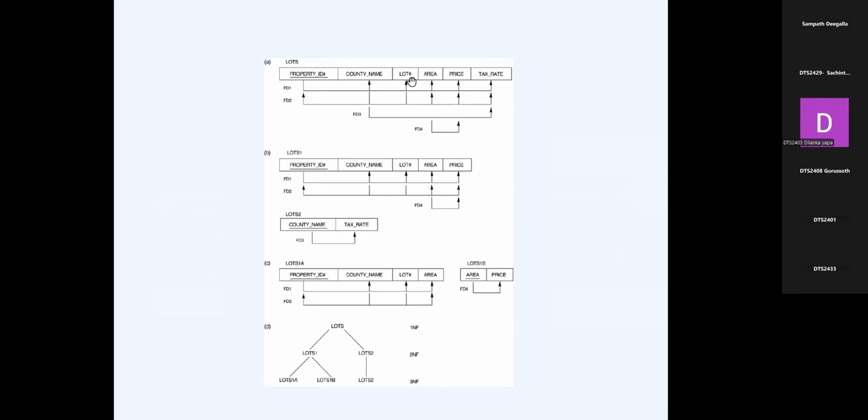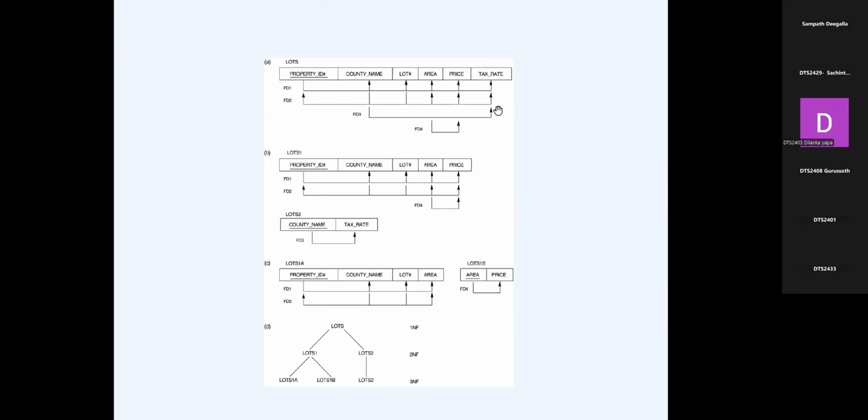So therefore, these attributes are called prime attributes. Now, what I said earlier was that all the non-prime attributes should be fully dependent on the primary key or candidate keys. So these three attributes should be fully dependent on the candidate keys. But if you look at here, tax rate depends only on country name.